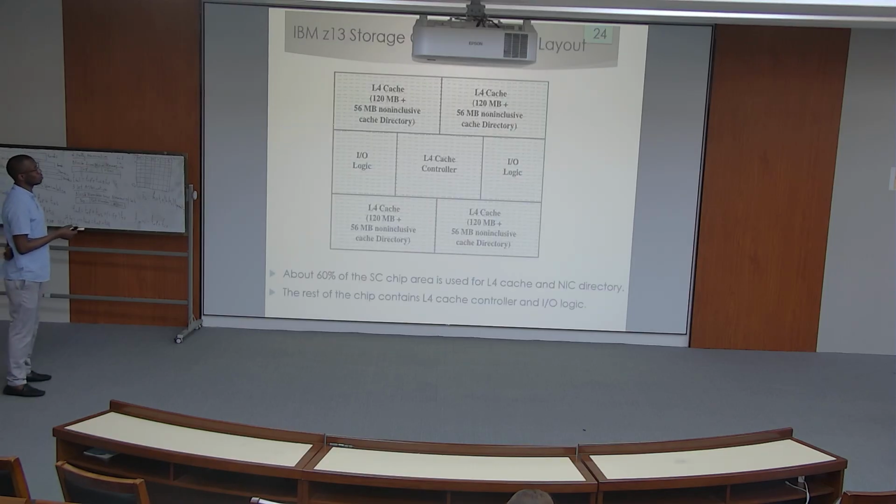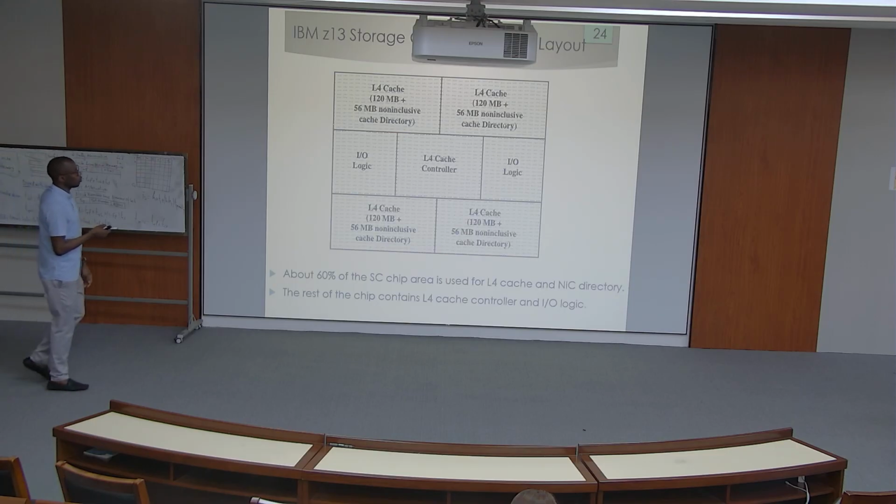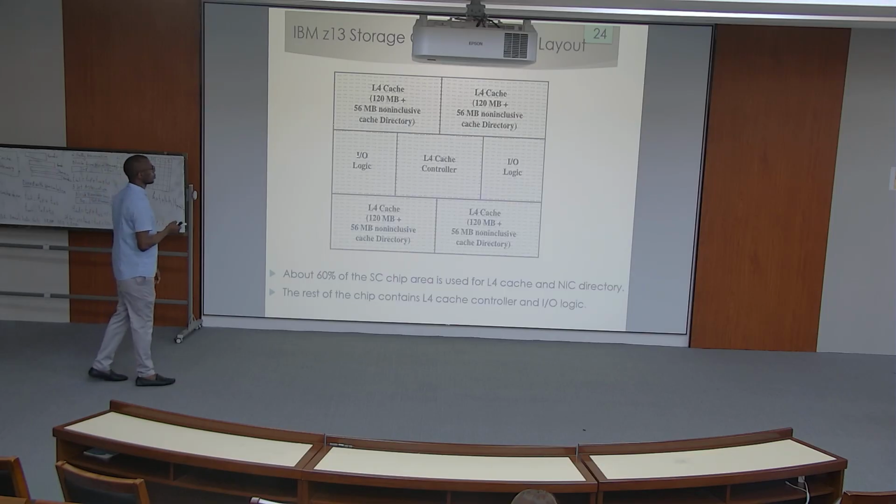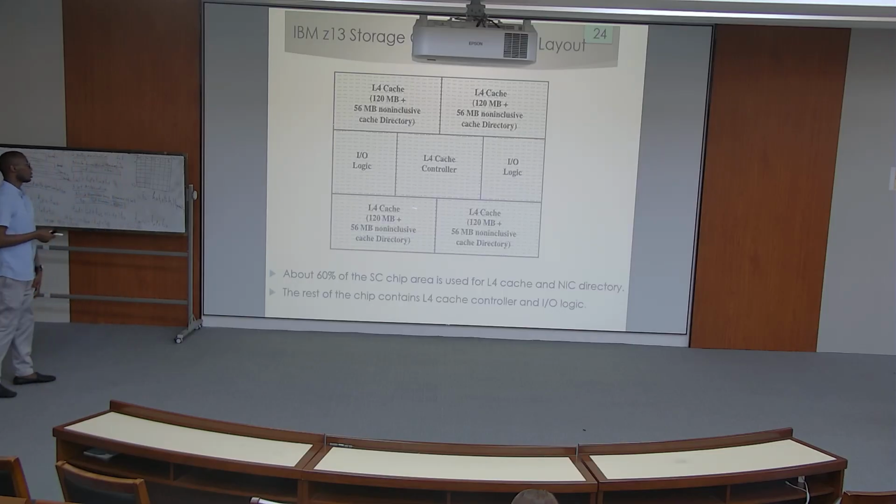Here we have the storage control chip layout, which includes the level 4 cache of 120 megabit, not including the 56 megabit cache directory. Then we have the level 4 cache controller as well as the input-output logic.